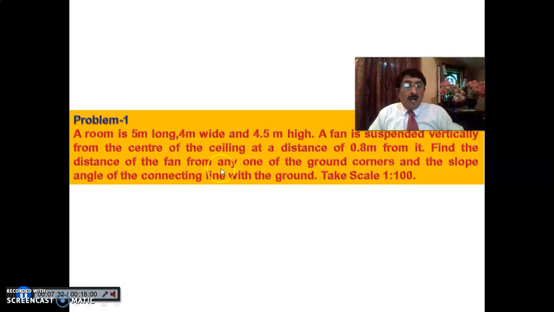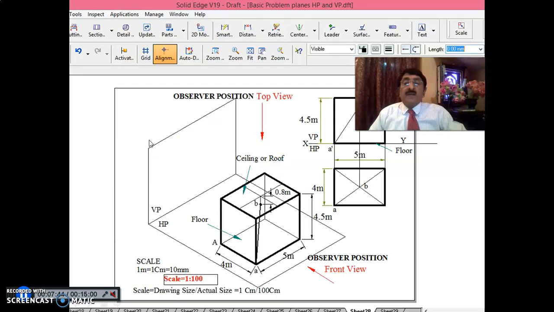Preferably, length and breadth can be interchanged, nothing will happen, but for simplicity, length you always take parallel to VP. In that way, length you see is 5 meter, this way you take. Four meter you take perpendicular to VP. This 5 meter should be parallel to VP, and this 4.5 meter is the height of the room. Can you understand?